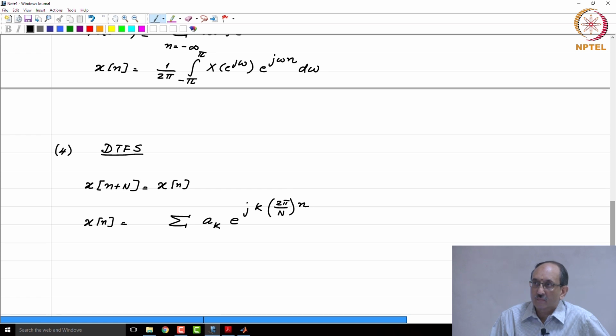How about that? You have been taught about generalized Fourier series even before 10th standard. Sixth, 7th standard, I think.